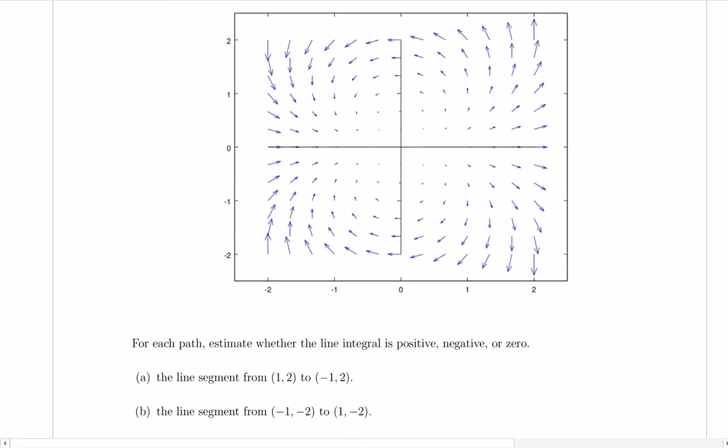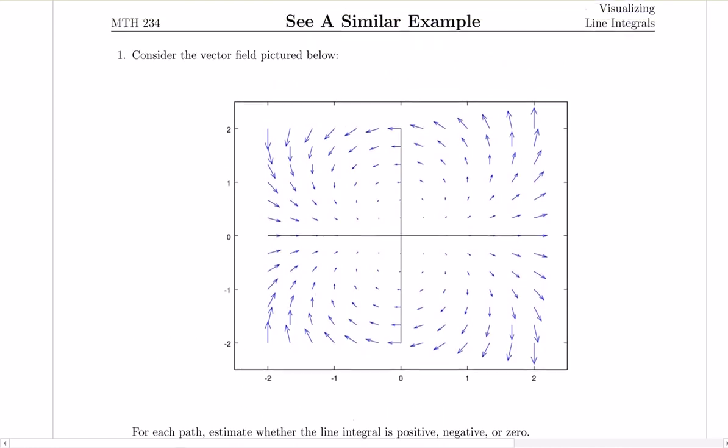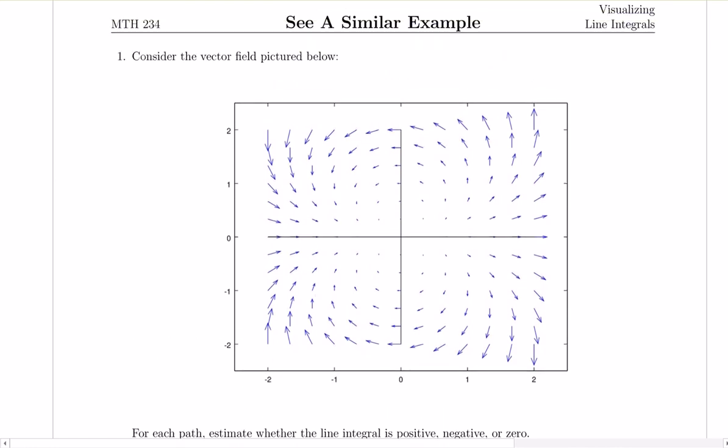So let's look at the first path in part A, from (1, 2) to (-1, 2). So starting here and ending here. So the path goes like this, from right to left.